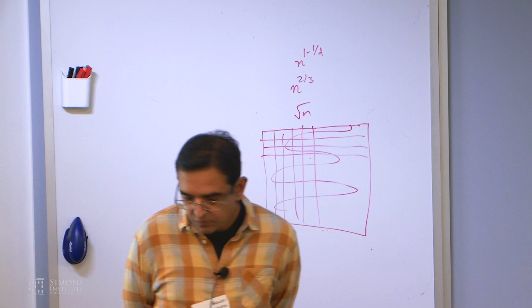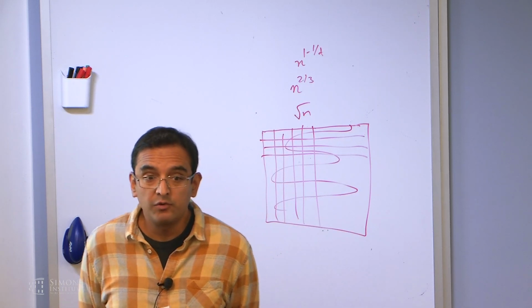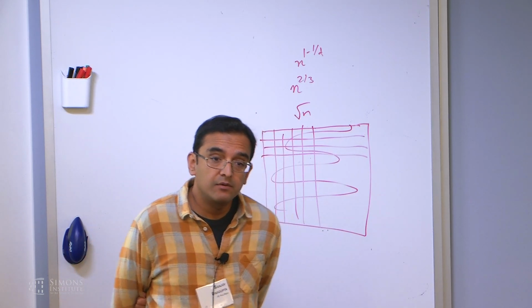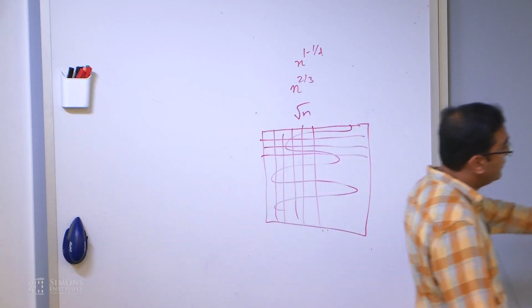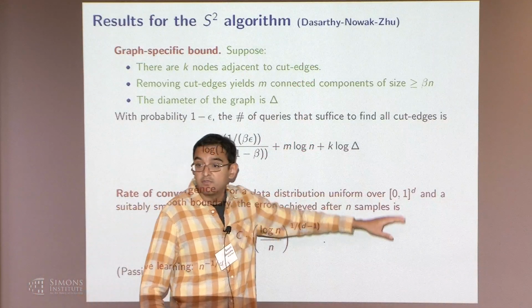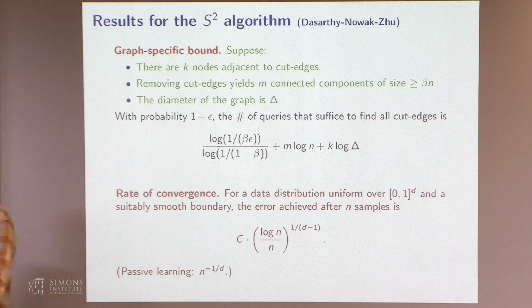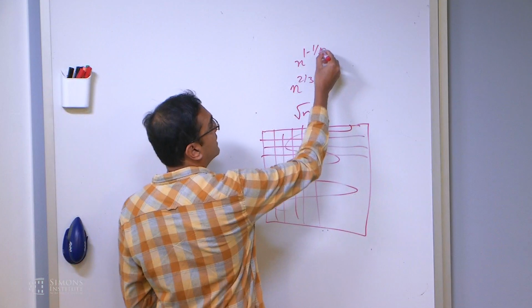Right, so the sort of thing that you can hope for is, having a data distribution uniform over 0, 1 to the d means that the data fills up the space. A different assumption is that the data lies on a low dimensional manifold, or that the data lies in a set of low doubling dimension. If that's the case, then you can get the same rate where d is replaced by the doubling dimension.